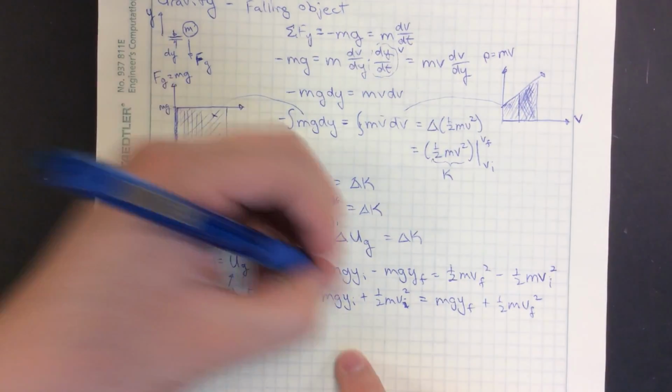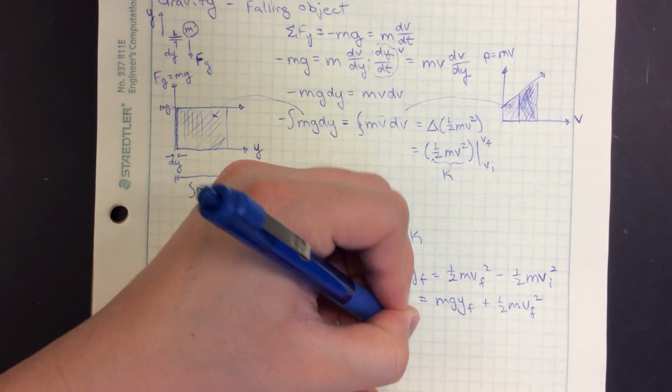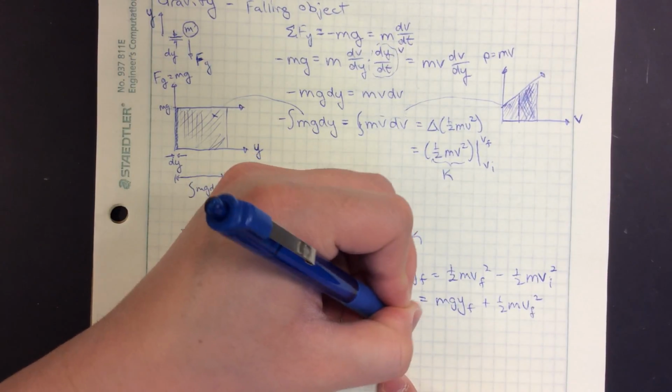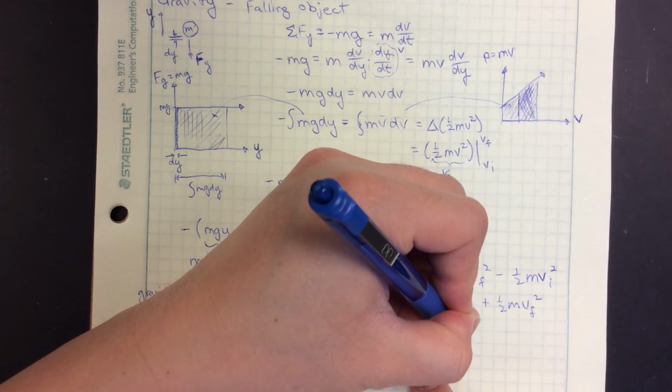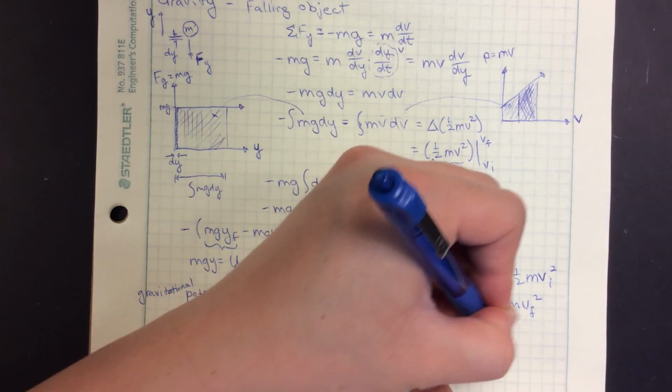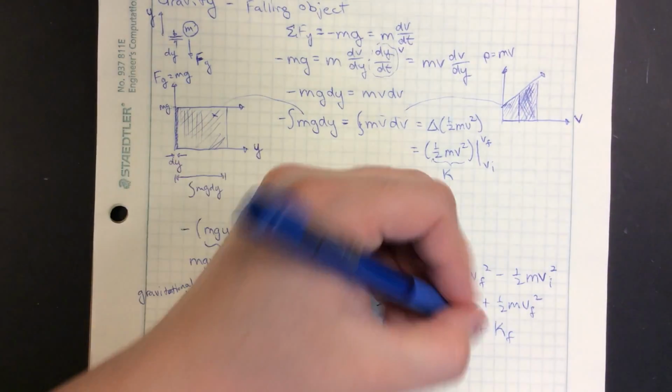And so essentially you have an initial gravitational potential energy plus an initial kinetic energy must equal a final gravitational potential energy plus a final kinetic energy. Sorry, that should be a G.